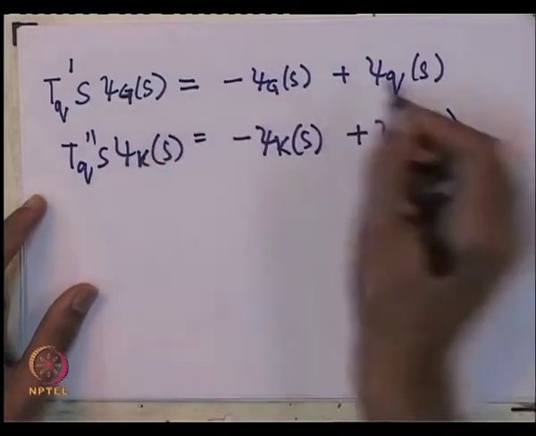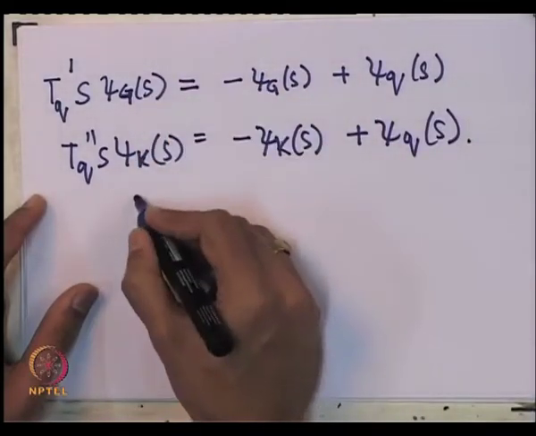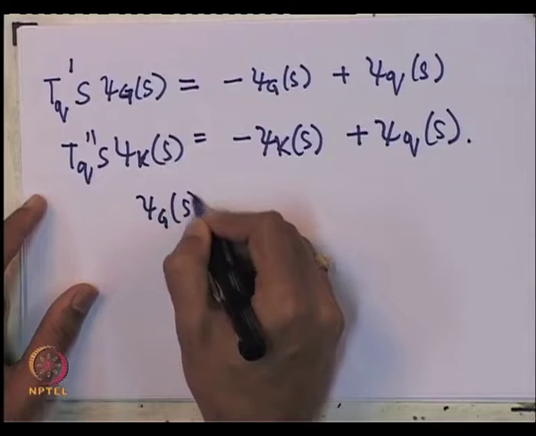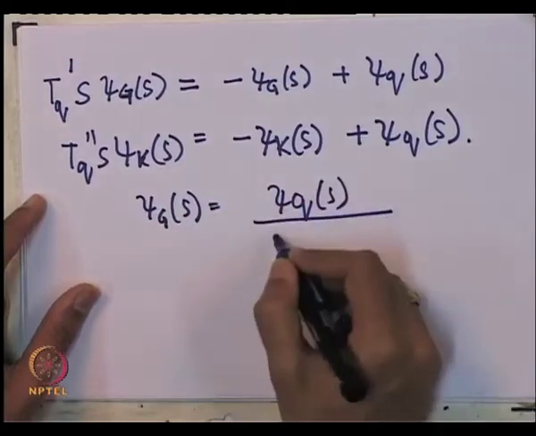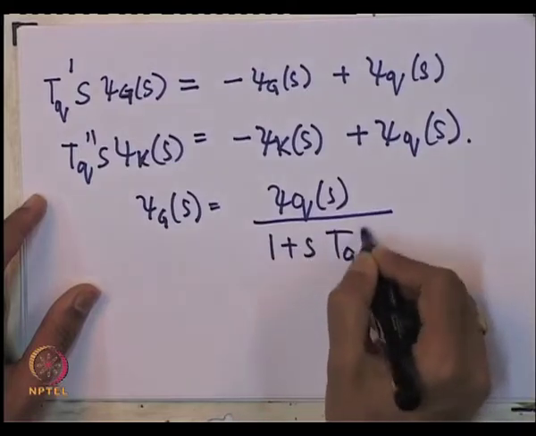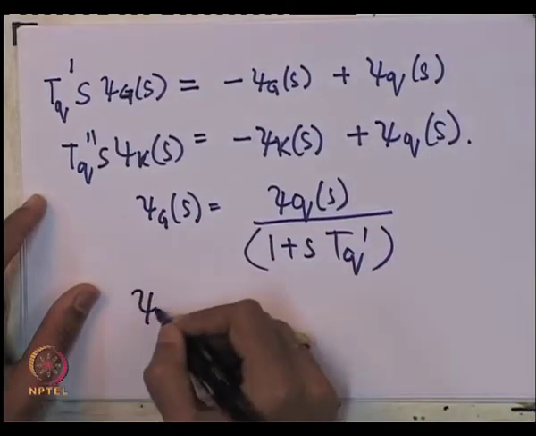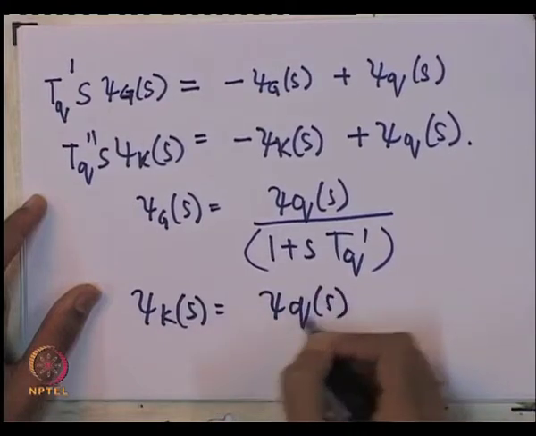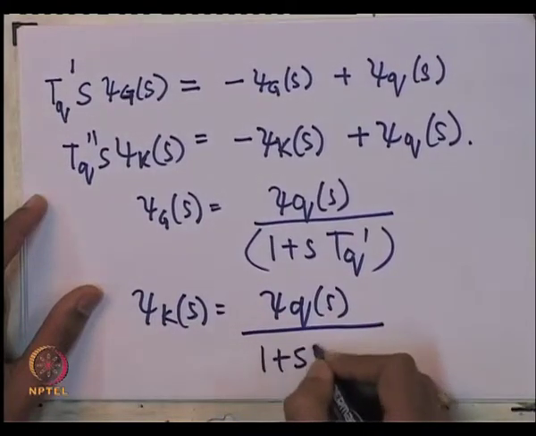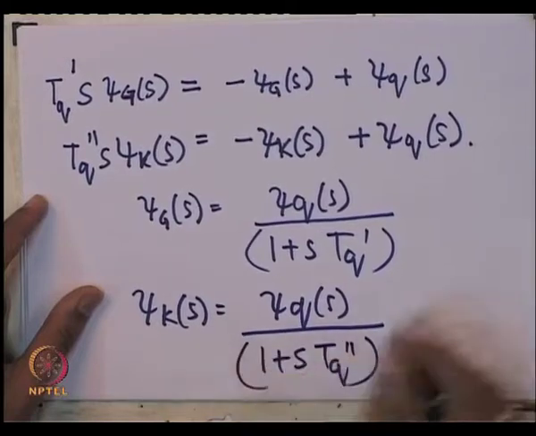So, this is what we get. In fact, from this you get psi g of s is equal to psi q of s upon 1 plus s T q dash, and psi k of s is equal to psi q of s upon 1 plus s T q double dash.